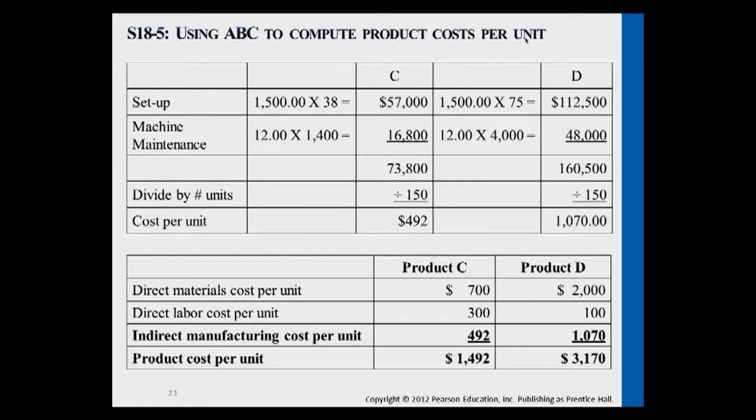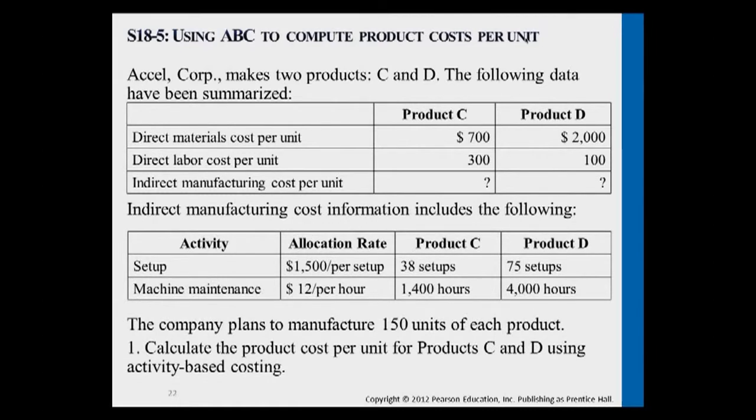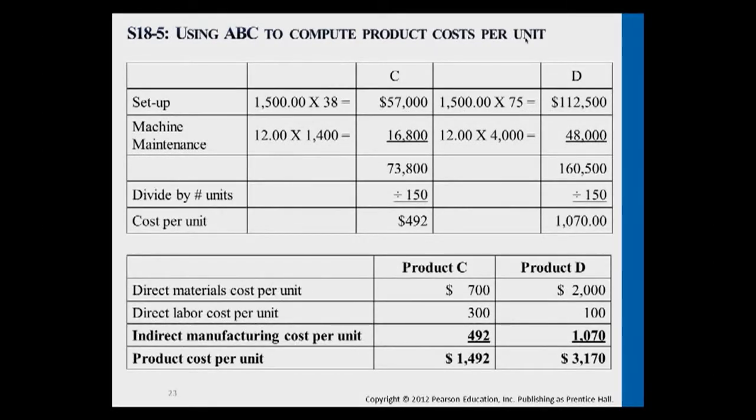We added it up, and then we divided by the number of units for that particular product. The reason why you're doing it because you want just for that C to calculate, right? So when you look here, you have material cost per unit, you have labor cost per unit, right? You have some information, and you have also this also per product. So you somehow need to combine all of it. Okay? And then you divide it by a number of units because you're producing 150, right?